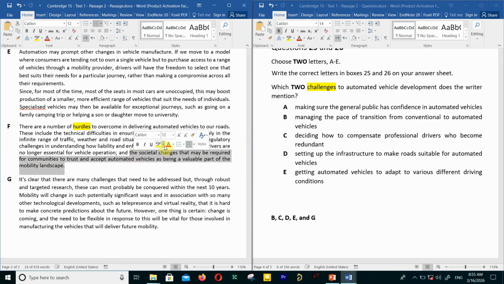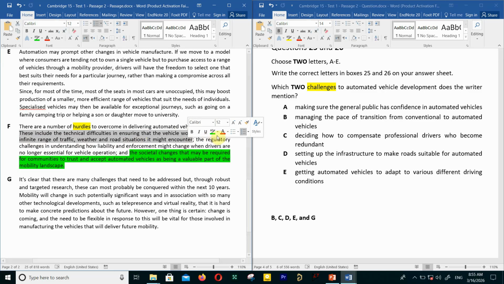So this is one of them, and the other is the technical difficulties in ensuring that the vehicle works reliably in the infinite range of traffic, weather and road situations it might encounter. Okay, this is another one.